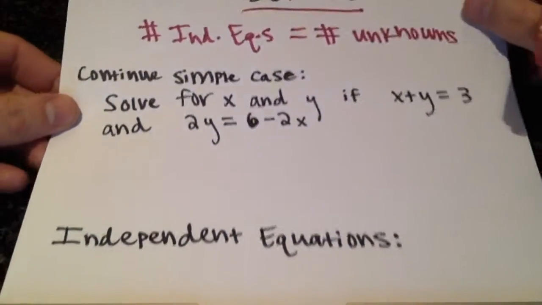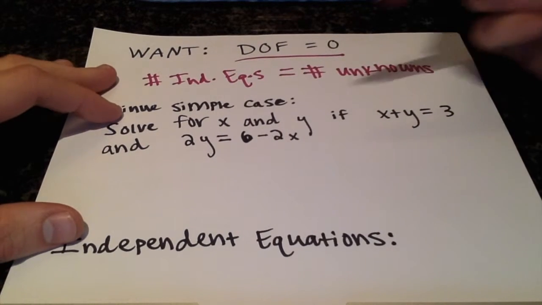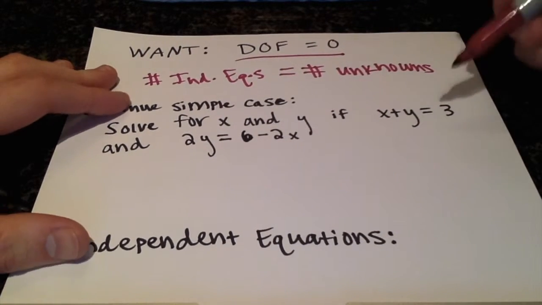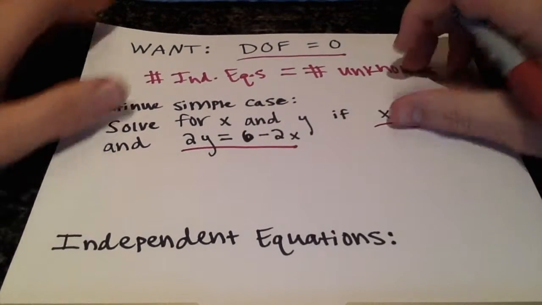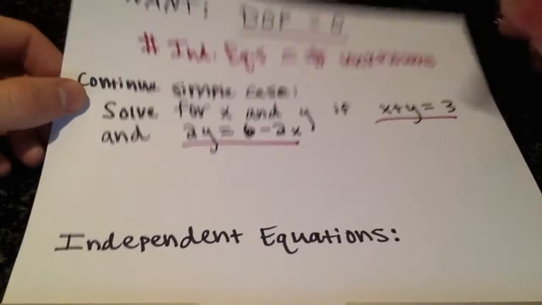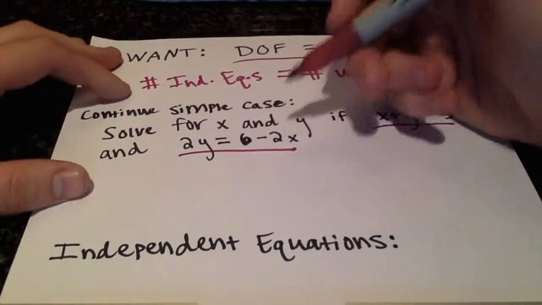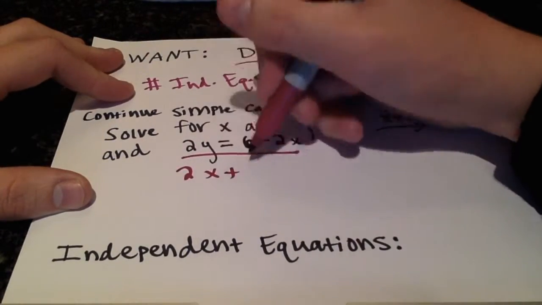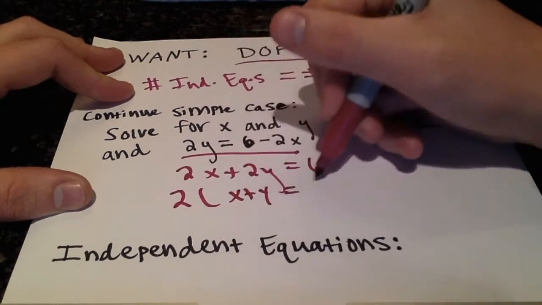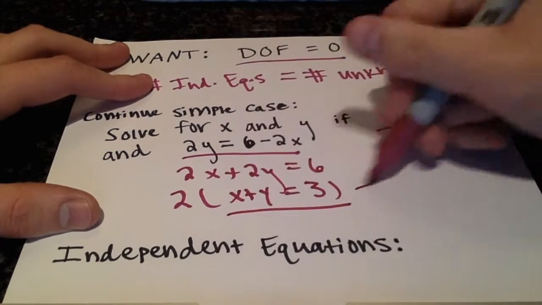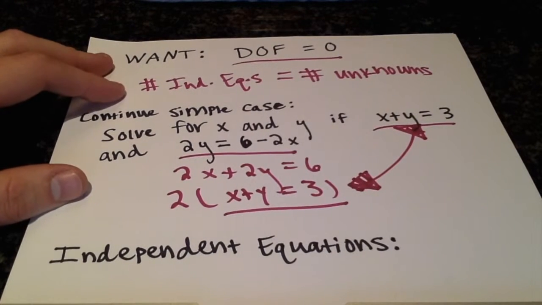Alright, so let's continue our simple case of the degree of freedom analysis. So we want to solve for x and y, and this time we're given 2 equations. So right off the bat you may be thinking, yeah, this is great, we can solve this problem because we have 2 unknowns and 2 independent equations, but we don't. So with a little bit of rearrangement, we see that these two are identical, right?